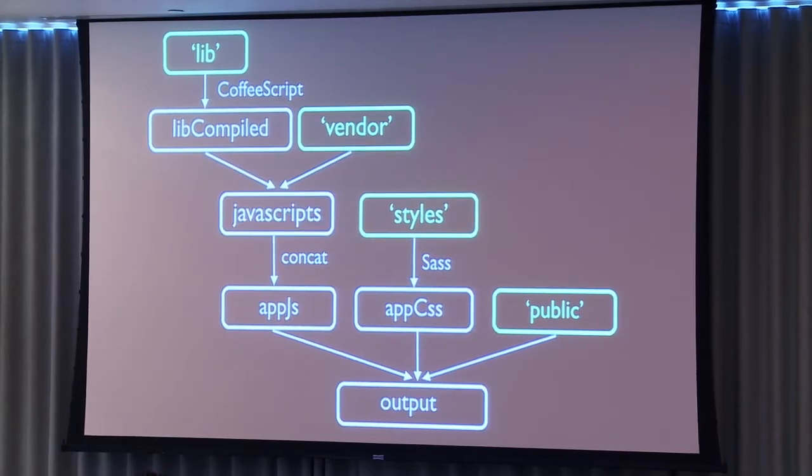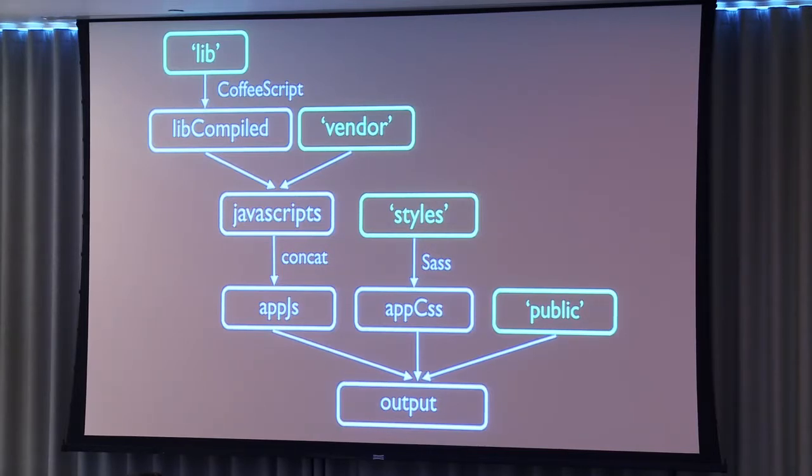For compilers like CoffeeScript, let's say you have 100 input files, 100 CoffeeScript files. The first time you run it, it's going to compile all those files, and that's going to take a while because compiling CoffeeScript is kind of slow. But then, next time you rebuild, if one of these files has changed, Broccoli is going to kick off the entire thing from the beginning, but the CoffeeScript plugin is going to be smart.